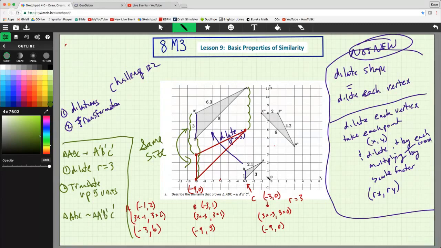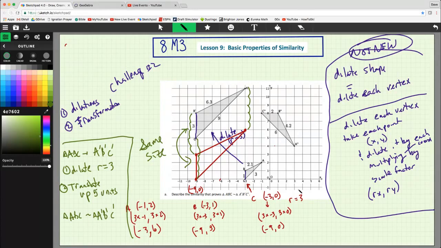Now, to prove that triangle ABC is similar to triangle A double prime, B double prime, C double prime, we need to go to GeoGebra. And the reason is because this tool here doesn't let us rotate very well, but GeoGebra does a really good job of rotating for us.